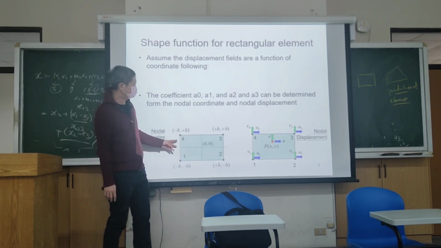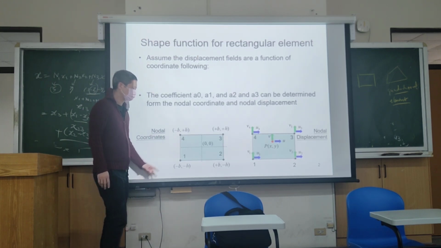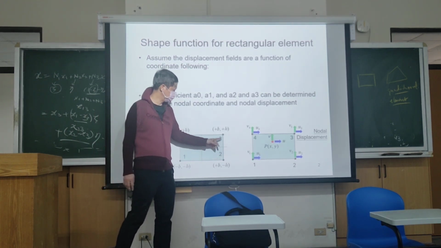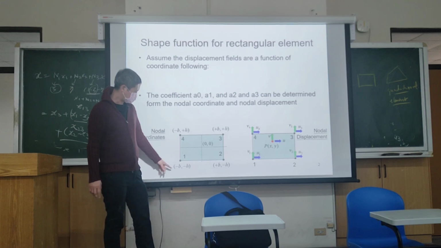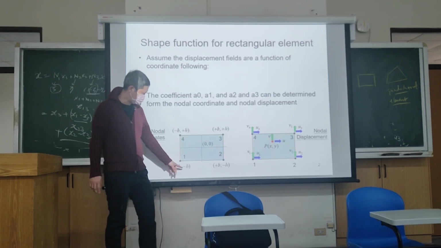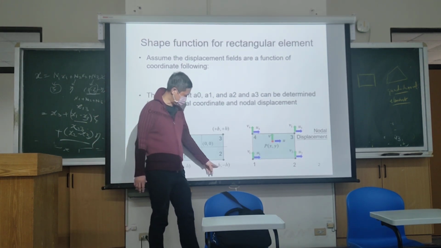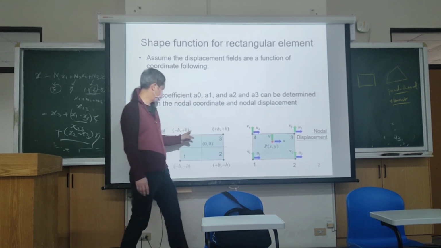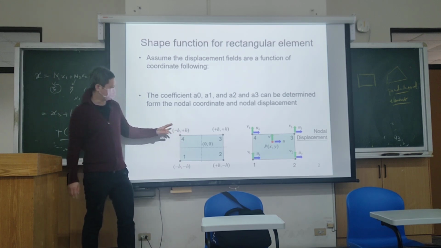This is the rectangle we consider. Given the nodal coordinates 1, 2, 3, 4, the coordinates are minus b minus h, plus b minus h, b h, and then minus b h. These are the nodal coordinates.